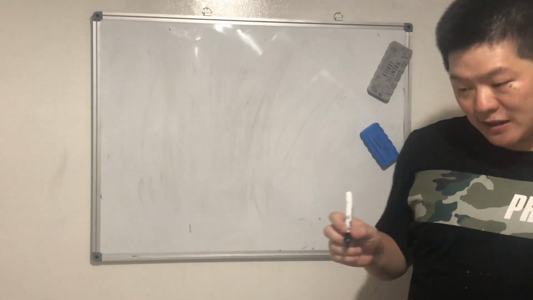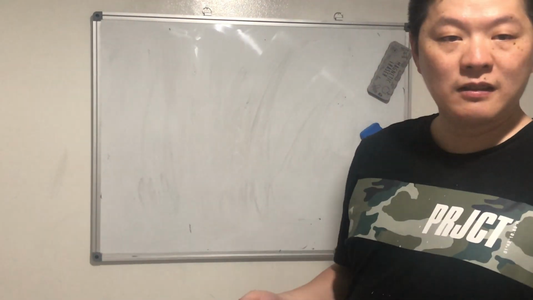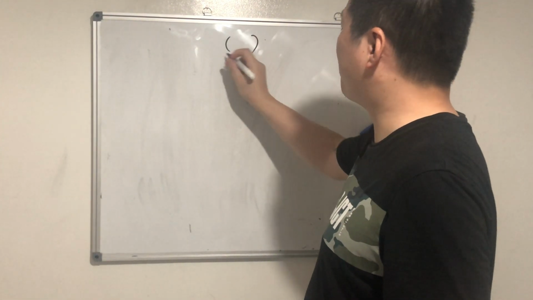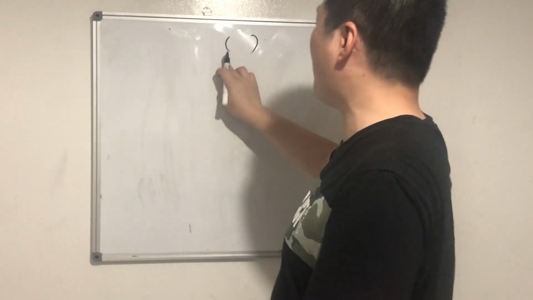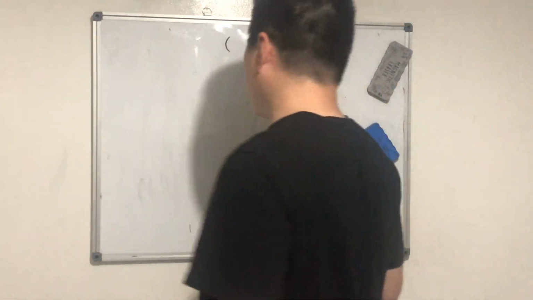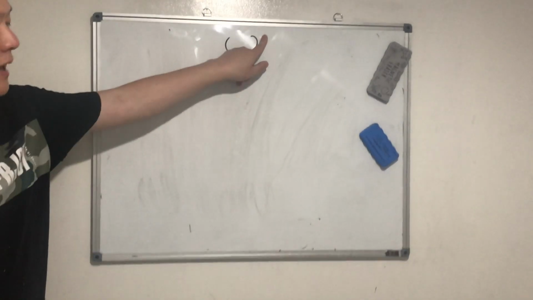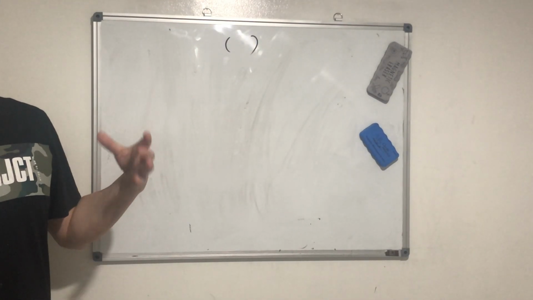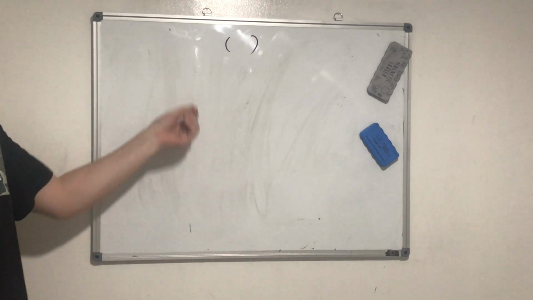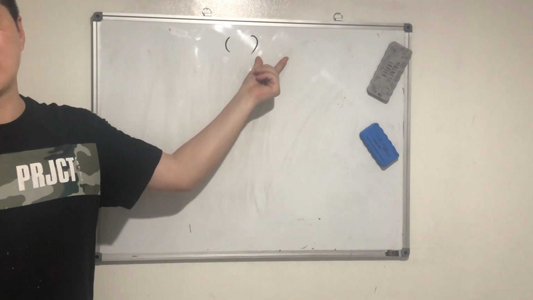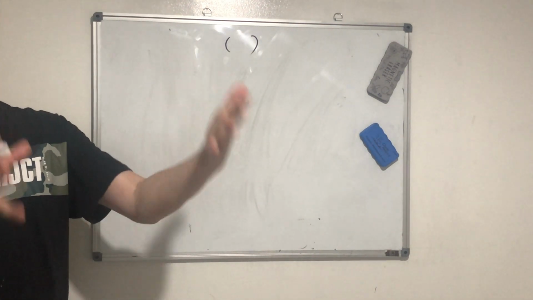Remember we talked about the parentheses? What's parentheses? It's just like a bracket: open parentheses, closing parentheses. Do you still remember how we check if a string contains only these two parentheses and if it's valid?